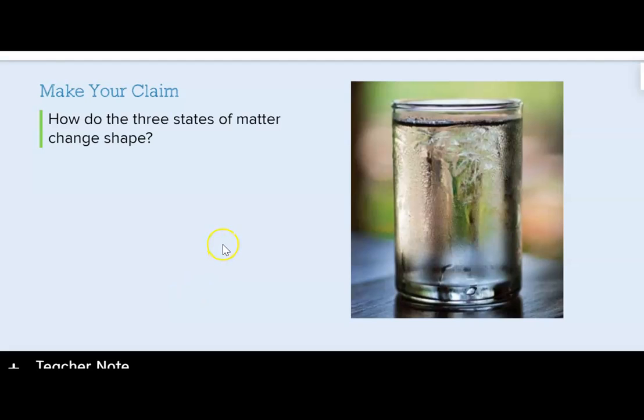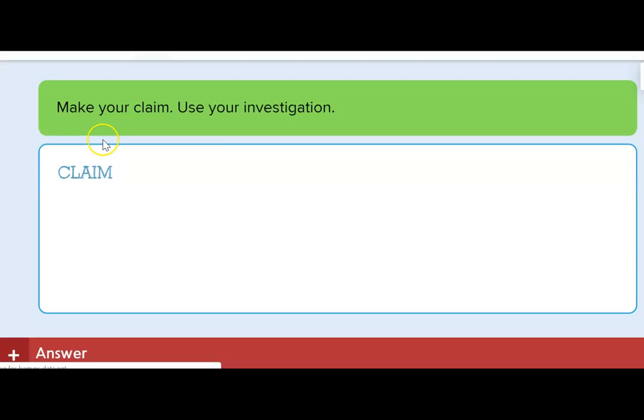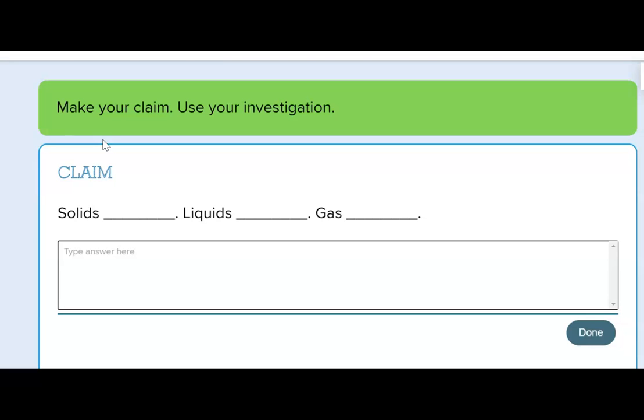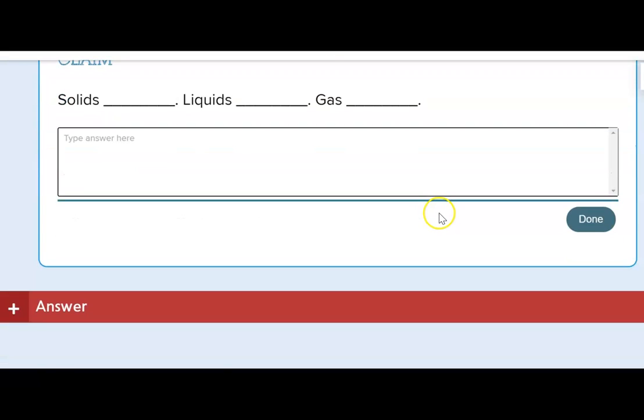So the question is, how do the three states of matter change shape? We want to make our claim after the investigation we did in the activity. So let's see. Solid blank, liquid blank, gas blank.